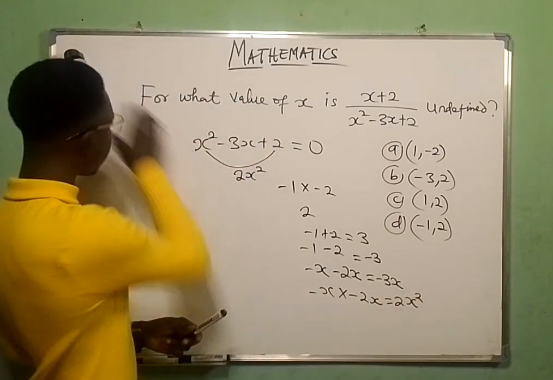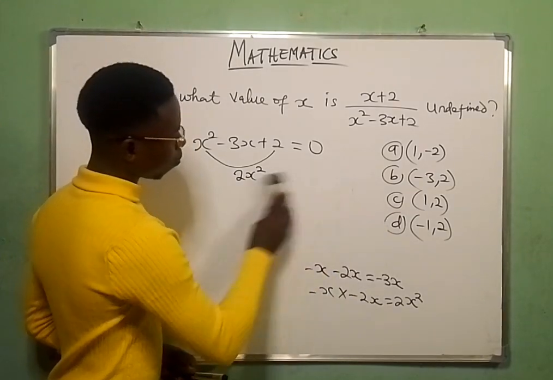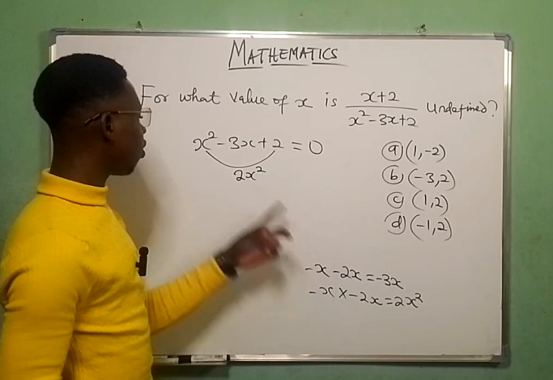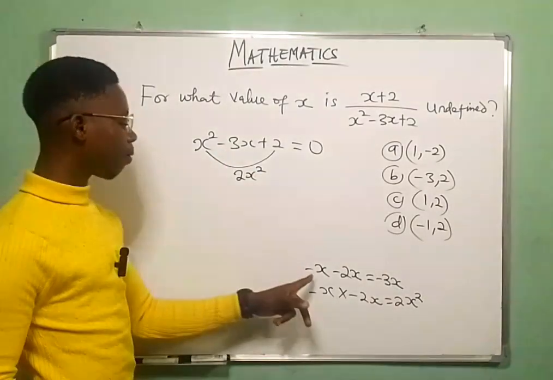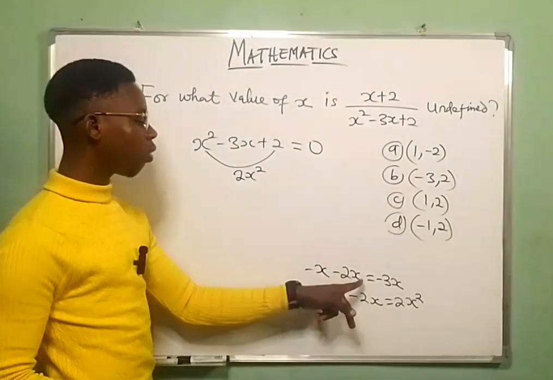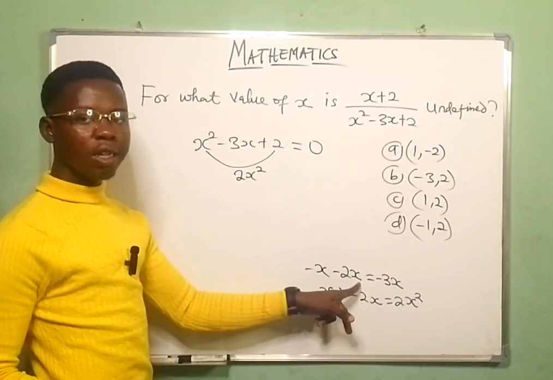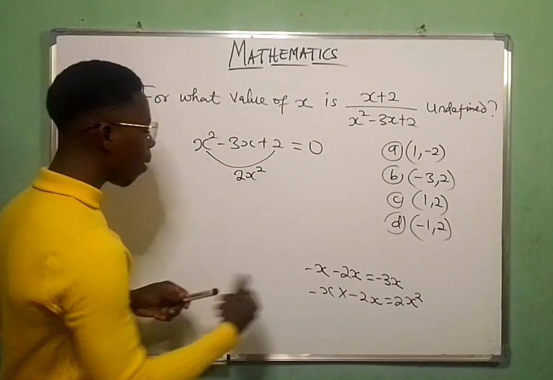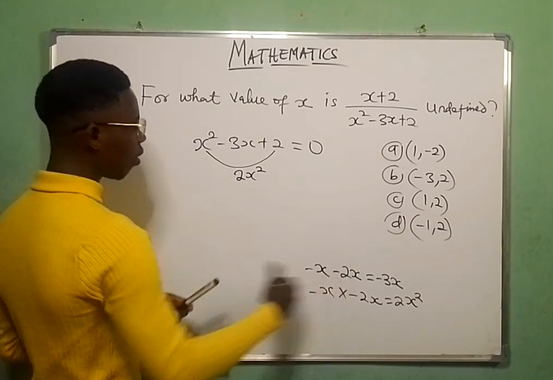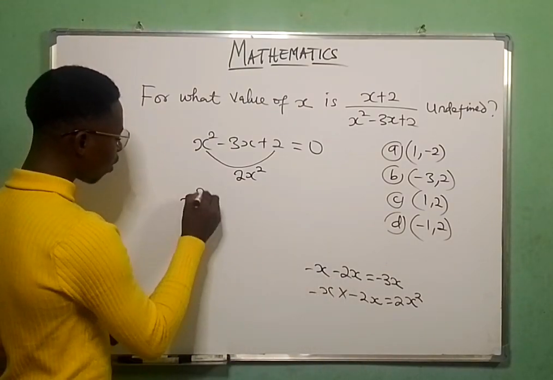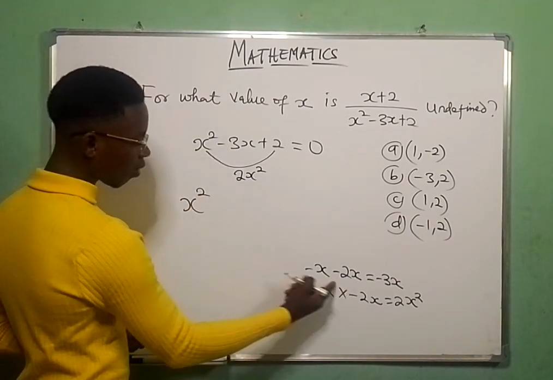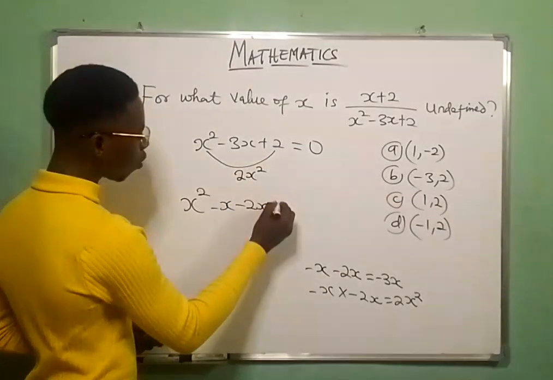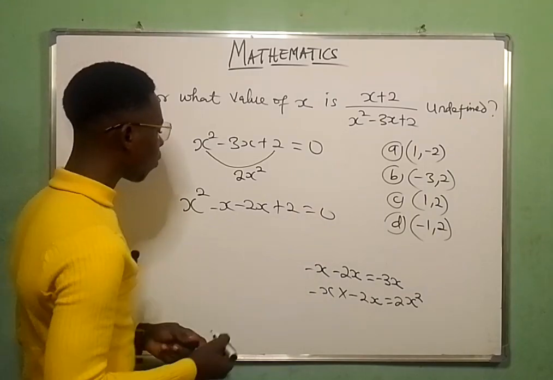So I have not done any magic. We are going to be substituting the value of minus 3x as minus x minus 2x, which means that the factors that will work for these two variables are minus x and minus 2x. Now, you have x squared, you substitute minus 3x as minus x minus 2x, plus 2 equal to 0.